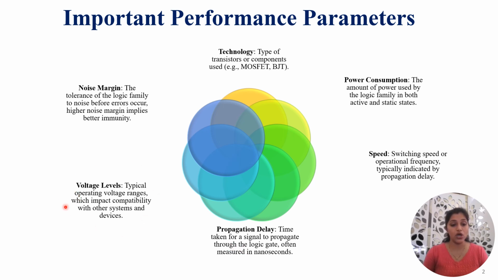Then next comes voltage levels, the amount of voltage we must apply to our IC so that our transistors will turn on. Next is noise margin, how much noise the logic family can tolerate.